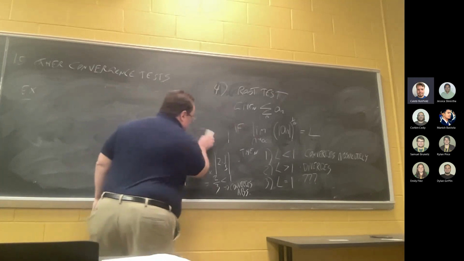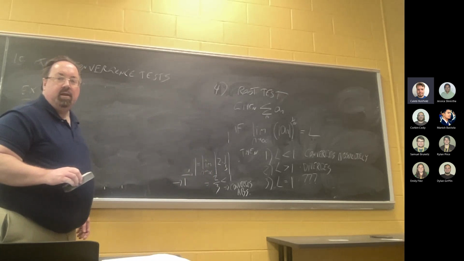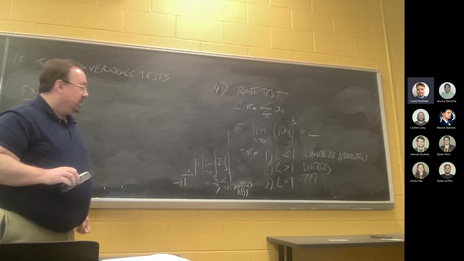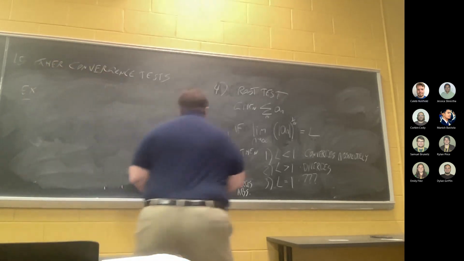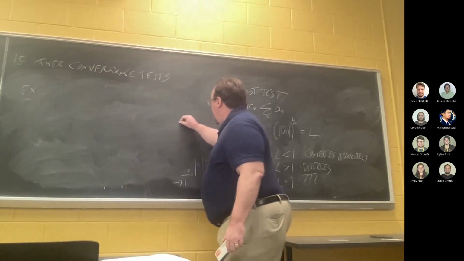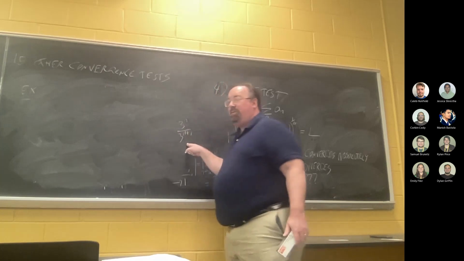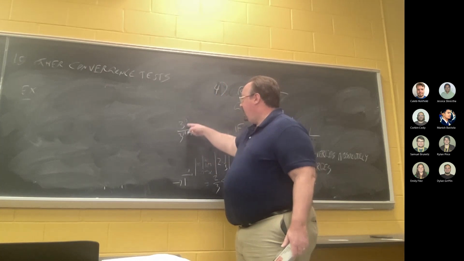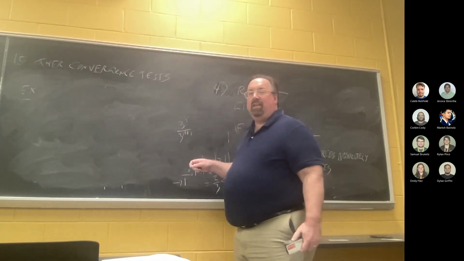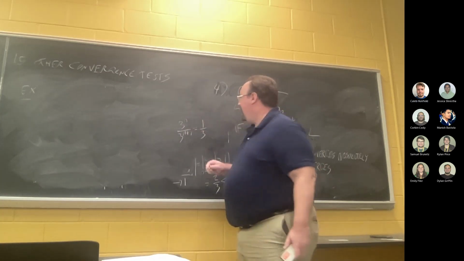Actually, I was going to say really quickly, I was confused about something. How do you get 2 times 1/3 at the end there? Because before I had 3 to the n over 3 to the n plus 1, which is what I just erased. If you subtract the exponents, this simplifies to 1/3.